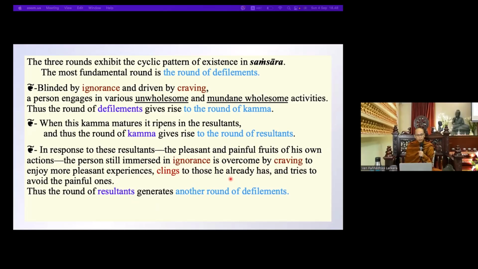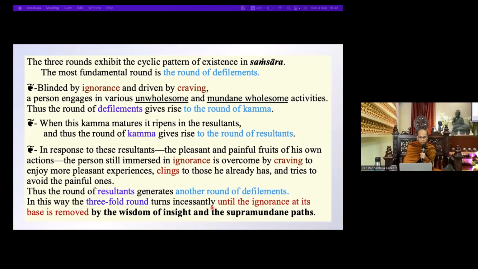So the round is running because it is running around. That is why it is called vata: a round of defilement, a round of karma, a round of resultants. It does not stop there in the resultant.